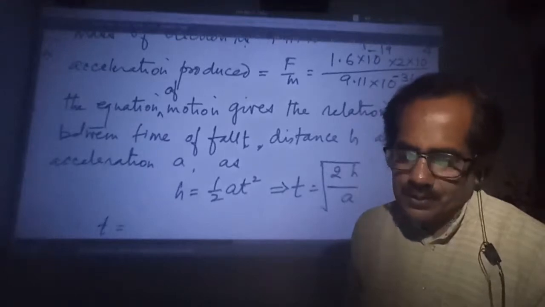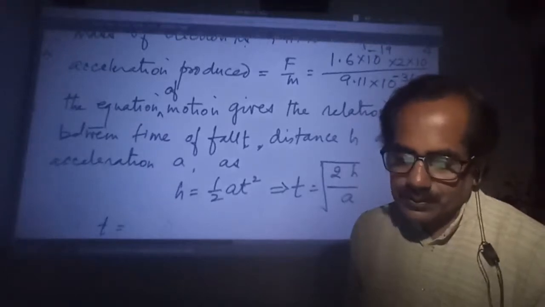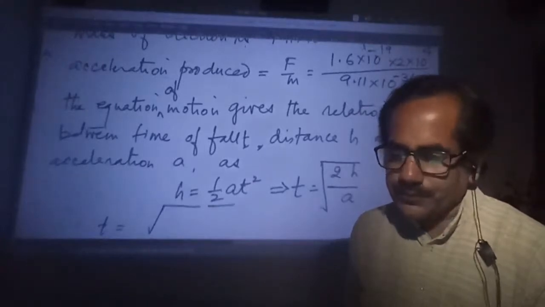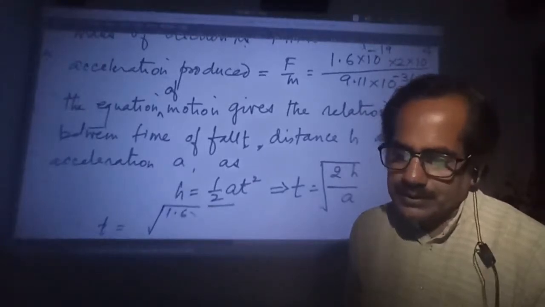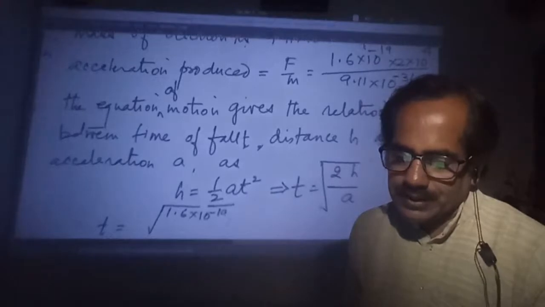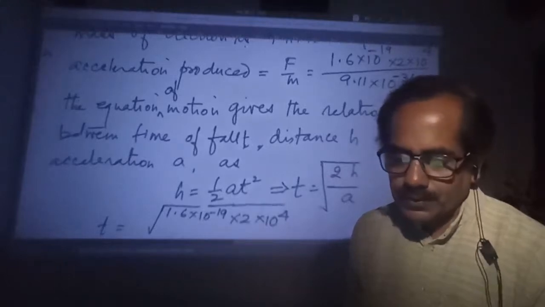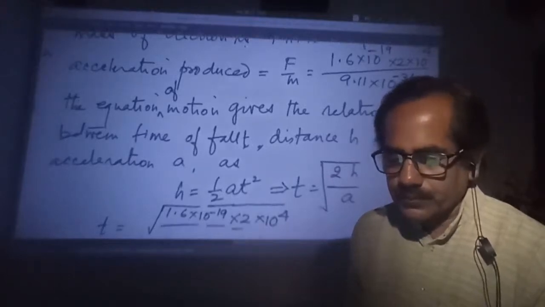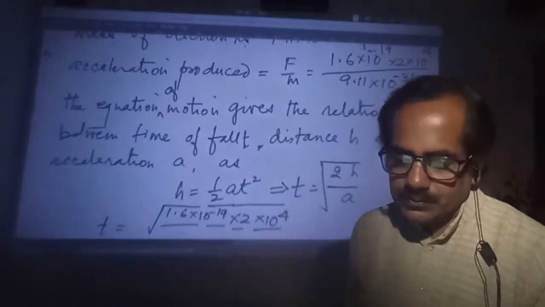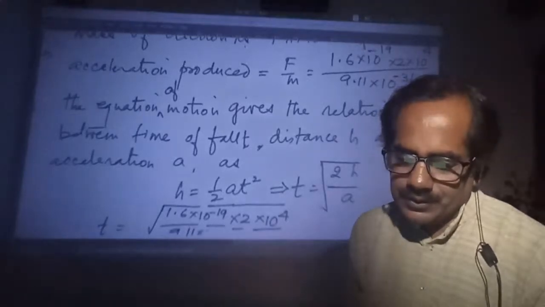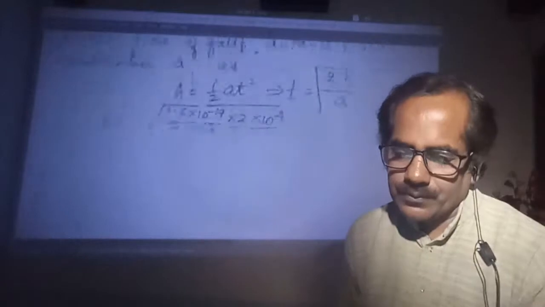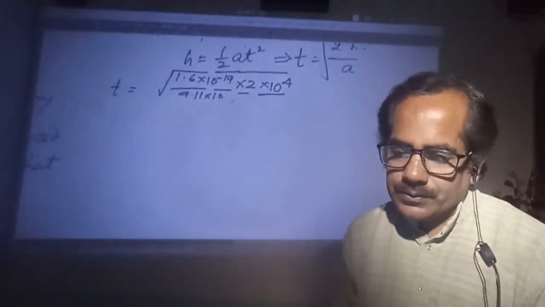Time of fall equal to square root of 1.6 into 10 to the power minus 19 into 2 into 10 to the power 4 upon 9.11 into 10 to the power minus 31.